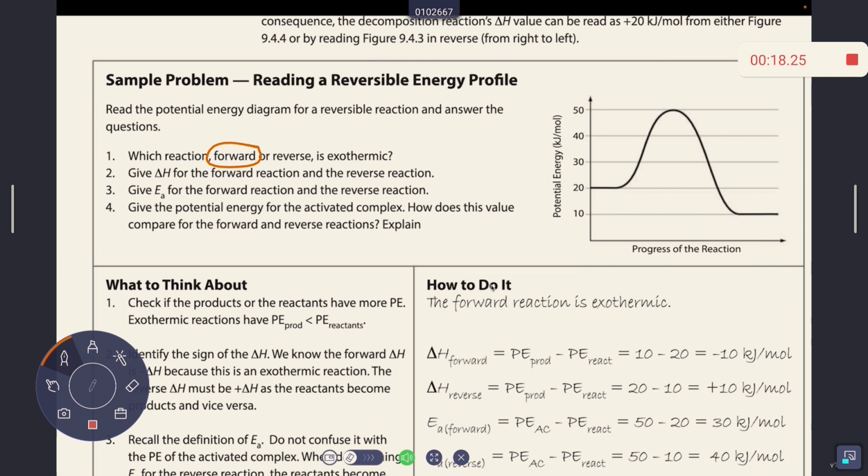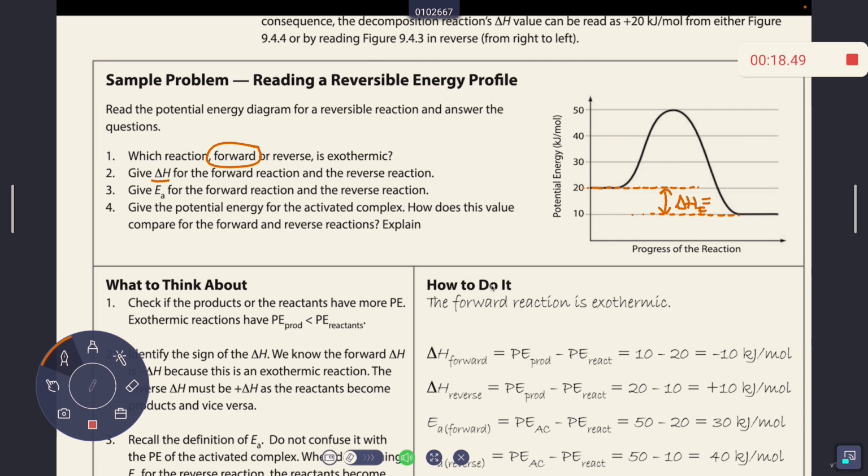We want to calculate the delta H value for the forward and reverse reaction. Let's do the forward first. So here's my reactants, here's my products, so this is my delta H, and I'm going to put a little F to represent forward.